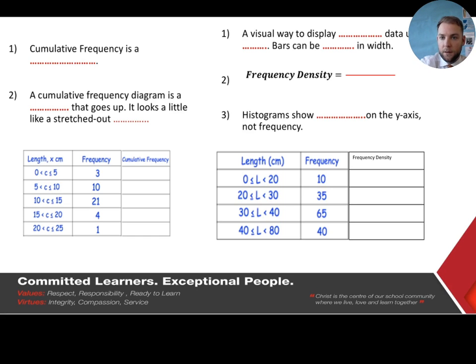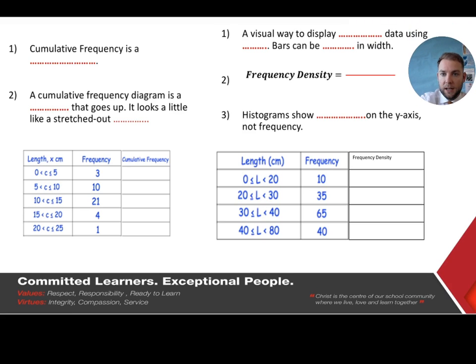Now, just going to move myself down a little bit there. So, cumulative frequency. Now, you've got this on your sheet. So, we're going to write down what the definitions are. Cumulative frequency is the running total. Okay?